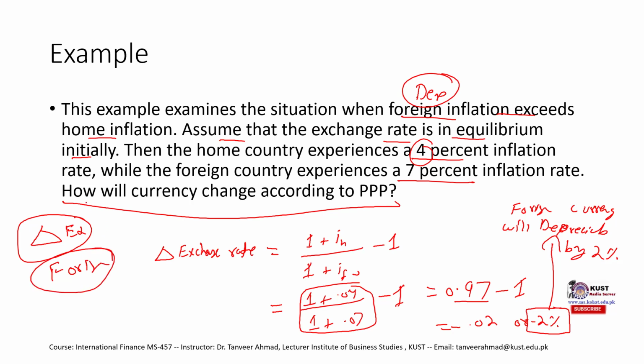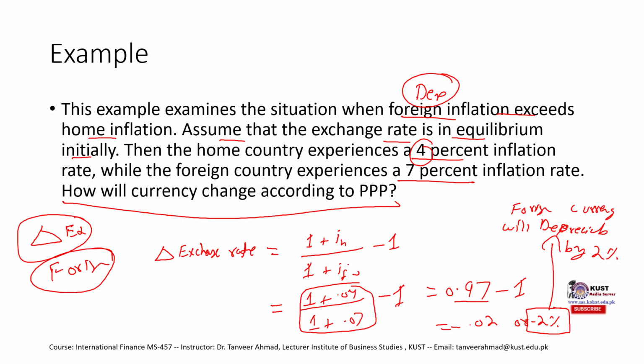It doesn't matter, if the foreign currency would depreciate by 2%, then the home currency would appreciate by 2%. It is one and the same thing, but this formula would give us the answer of the change in foreign currency. So you don't need to be confused by that. The formula is 1 plus inflation of home country divided by 1 plus inflation of foreign country, minus 1.